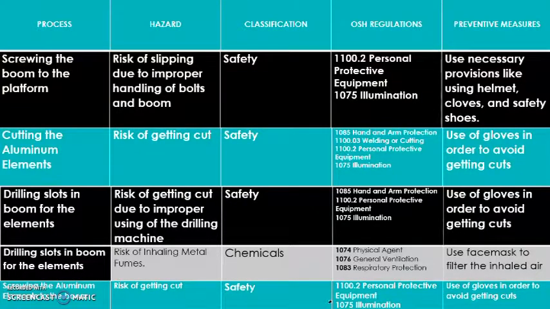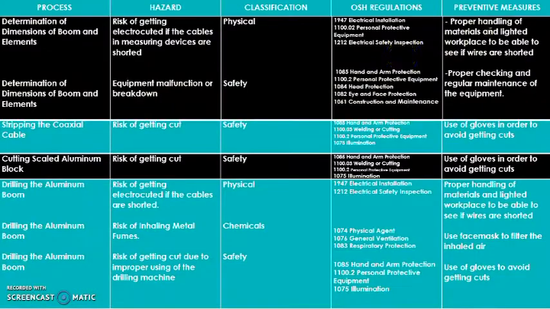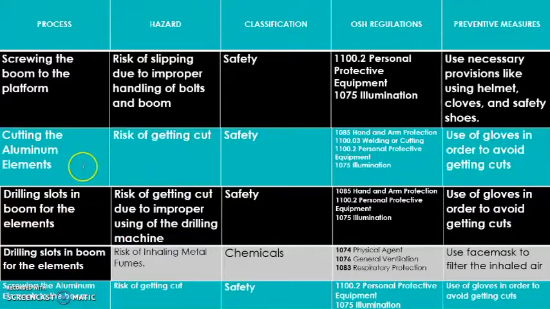For cutting the aluminum elements, the hazard classification, OSH regulation, and preventive measures are the same as the third process. For drilling slots in the boom for the elements, it has the same hazard classification, OSH regulation, and preventive measures as cutting the aluminum elements.